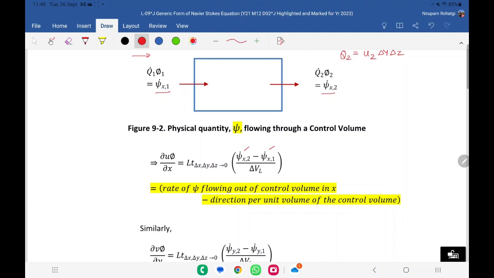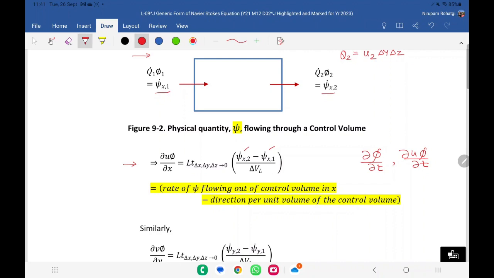Okay. So you can interpret what this is, u into phi. Now you are finding the derivative of u into phi. Earlier we talked about del phi by del t. Now we are talking about del u phi by del x. Okay, what does that mean?